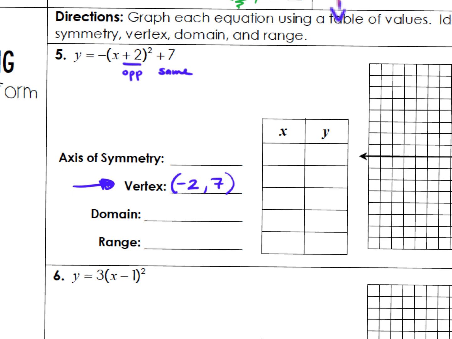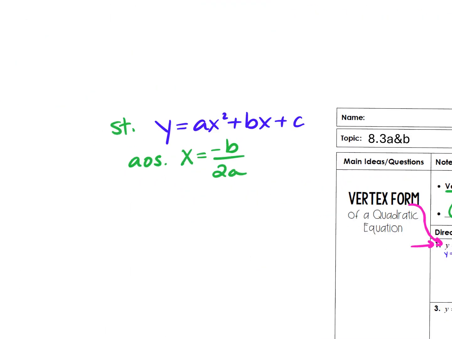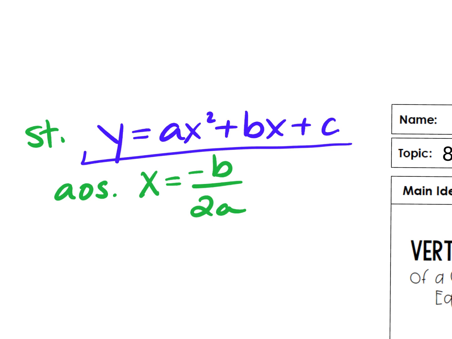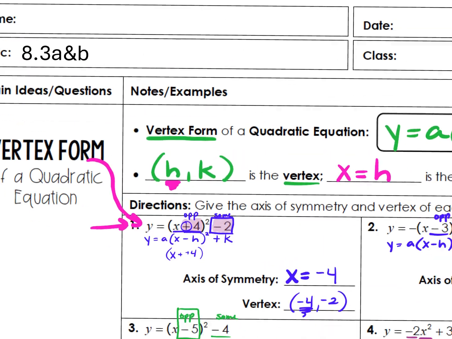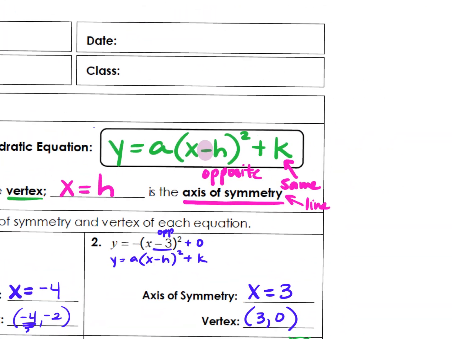Where does that go in my T-chart? In the middle. Okay, so what have we been doing the past 2 days? Standard form. That's when it looks like this. When it's in this format to start, that's called standard form. Now this is starting in vertex form, which looks like this instead. Are these 3 forms only for quadratics?